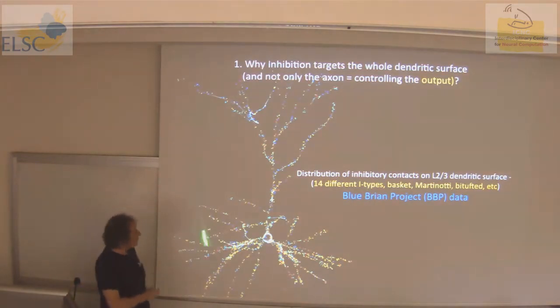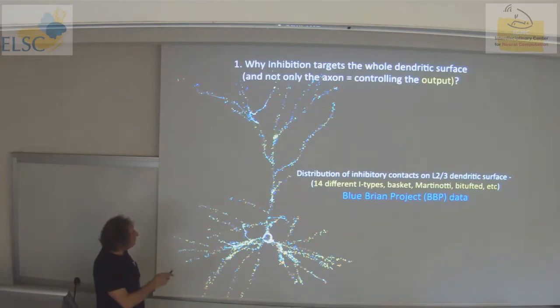We also have today another important information that comes from this very elaborate Blue Brain project data management, which is to speak a little bit about the distribution of different types of inhibitory cells. For example, on a layer 2-3 pyramidal cell, how do the different anatomical types that I mentioned before in this particular layer converge onto the dendrites?